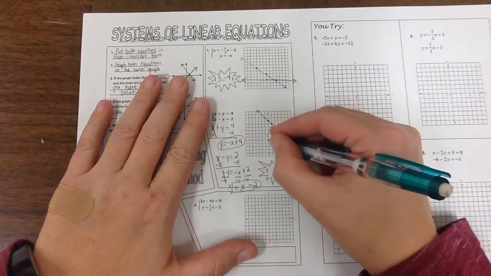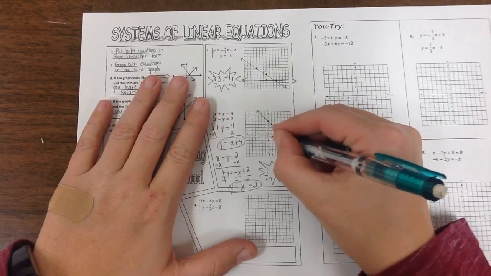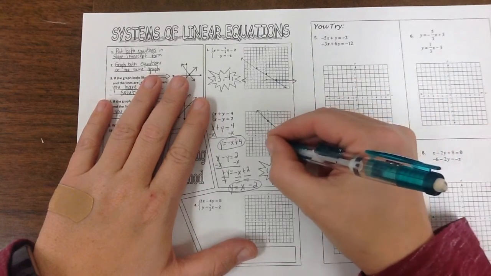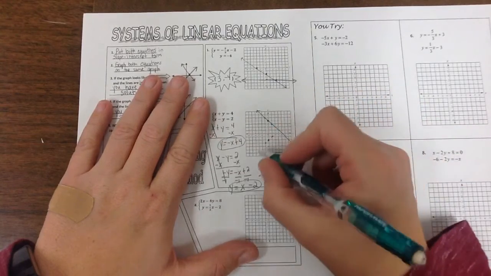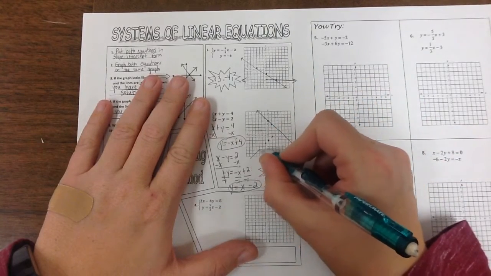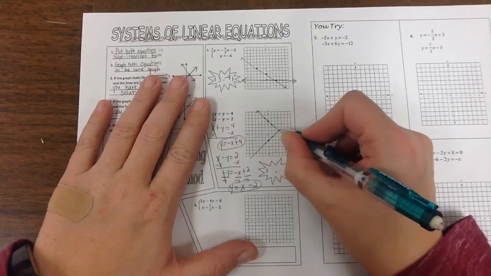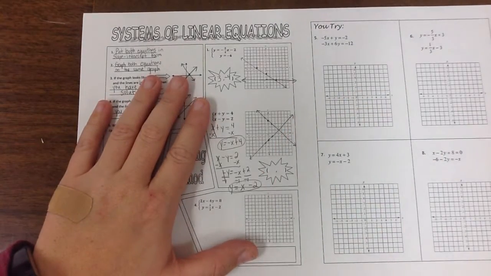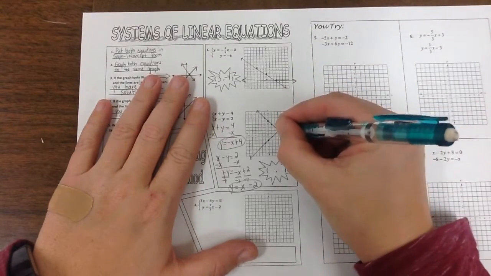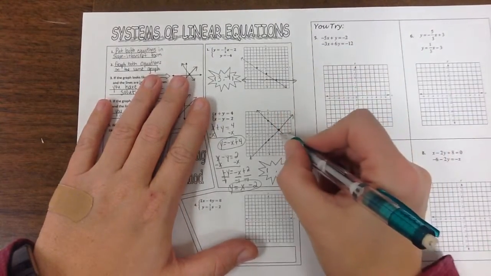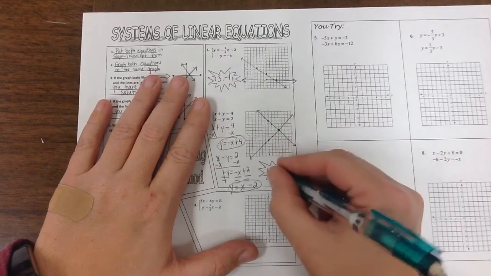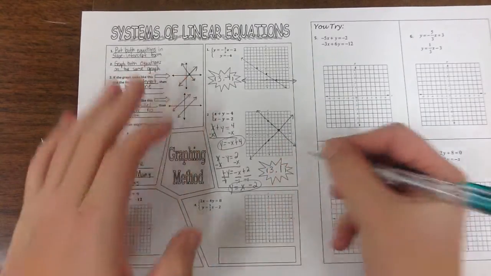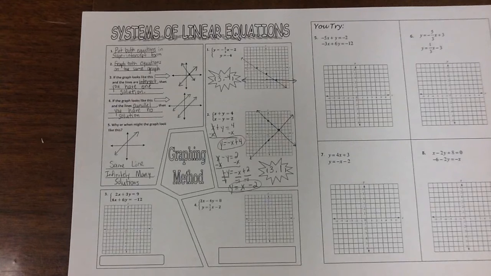And then my slope tells me I can go up 1, right 1, or down 1, left 1. And when I connect these two, I see once again they are intersecting. These two are intersecting at the point (3, 1). So that is my solution for number 2, (3, 1).